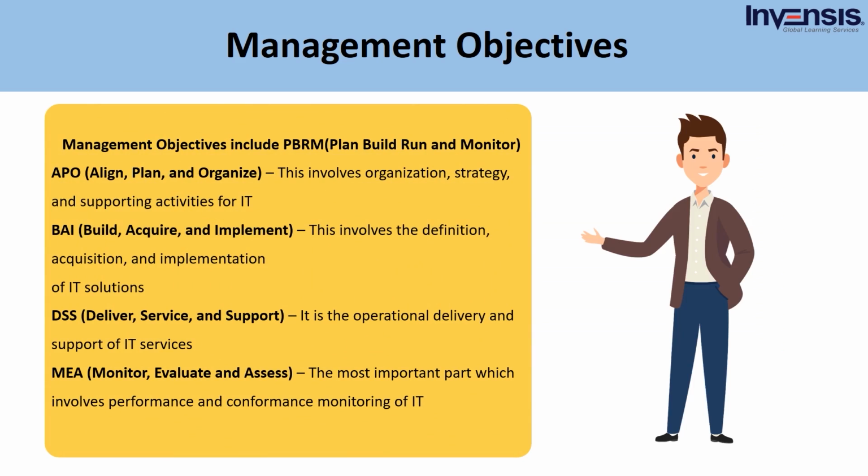APO, also called align, plan, and organize, involves organization, strategy, and supporting activities for IT. BAE, also called build, acquire, and implement, involves the definition, acquisition, and implementation of IT solutions. DSS, also called deliver, service, and support, is the operational delivery and support of IT services. MEA, also called monitor, evaluate, and assess, is the most important part, which involves performance and conformance monitoring of IT.